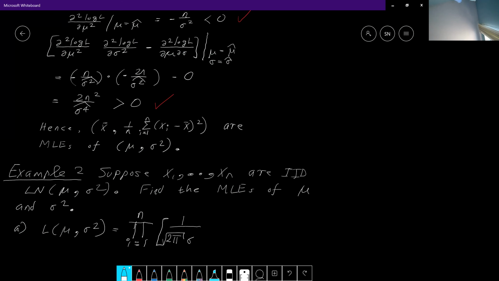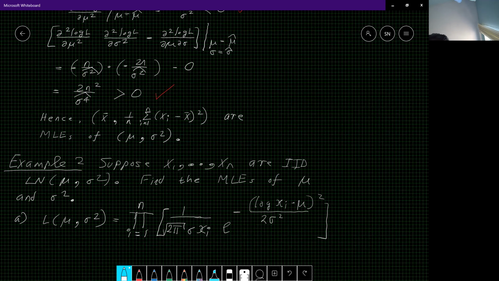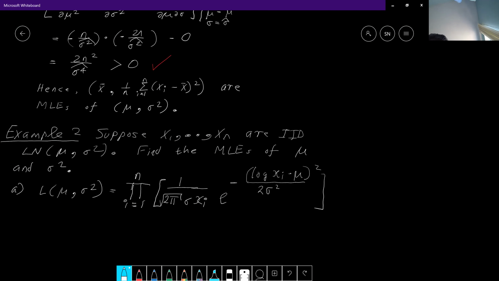Remember, the density of the log normal distribution is something like this. If you don't know this, I'm sure I gave this in the handout on the first day of classes, so you may remember this. All right, this is the density of the log normal. So you just take the product of it from 1 to n.